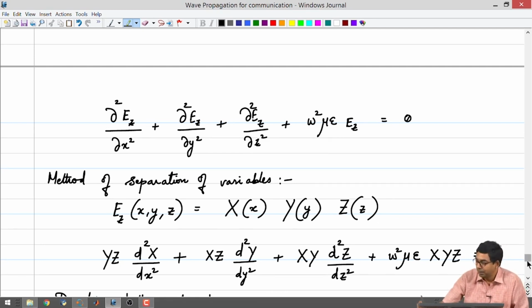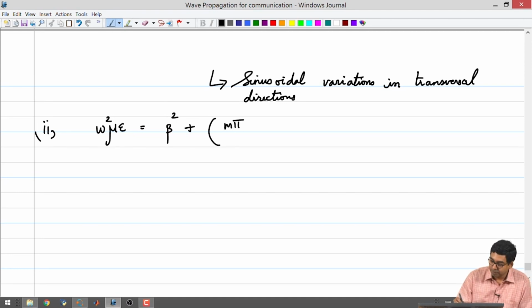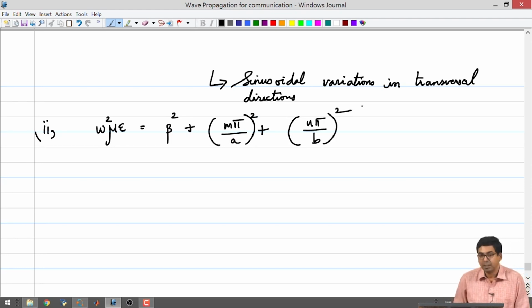Then I have to see what is the condition that is needed. While introducing this, you will notice that the only way this equality is going to be satisfied is if beta square plus m pi by a square plus n pi by b square is equal to omega square mu epsilon. This is what you will end up getting.